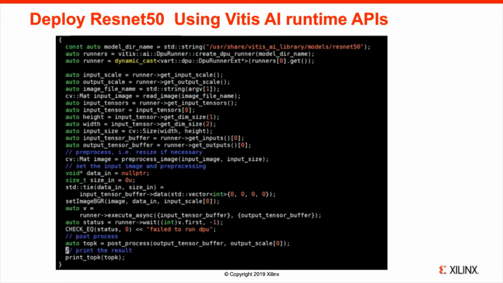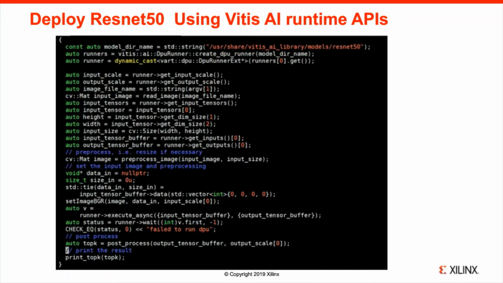The middle part will be several tensor declarations. And then comes the pre-processing. We use vision libraries to read the images in and do some computations like mean subtraction, normalization, and image crop, etc. And then we use this execute API to run the model on our DPU.